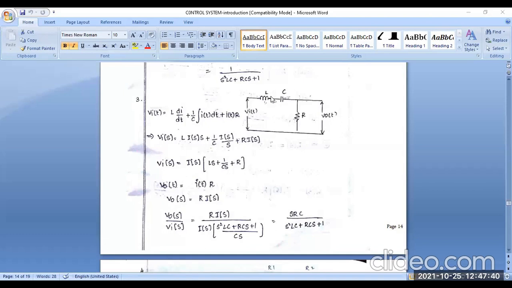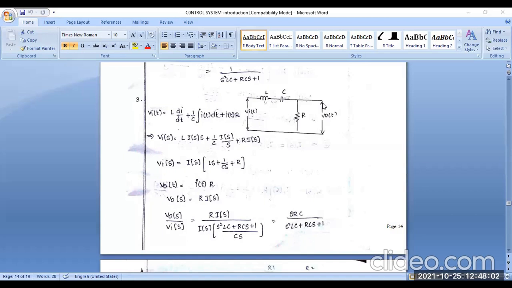So first we have to calculate the input equation, that is Vi(t). This is corresponding to the inductor coil, that is L di/dt plus 1 by C integration of i(t) dt plus i(t)R. Okay. So this is the input equation before applying the Laplace transform of the given circuit.